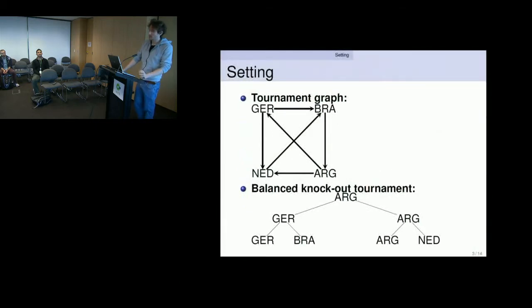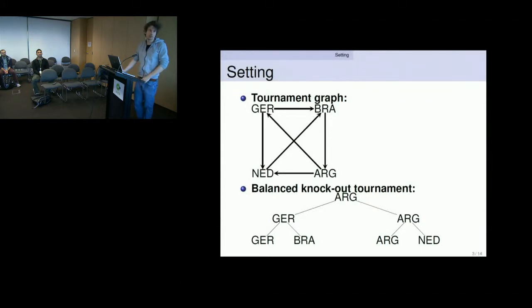So the setting we're looking at is we're given a tournament graph, which has a set of players or teams, and the tournament graph tells us which team beats which, encoded via the edges. Then we're given a draw, and we can compute the outcome of a balanced knockout tournament using the tournament graph.